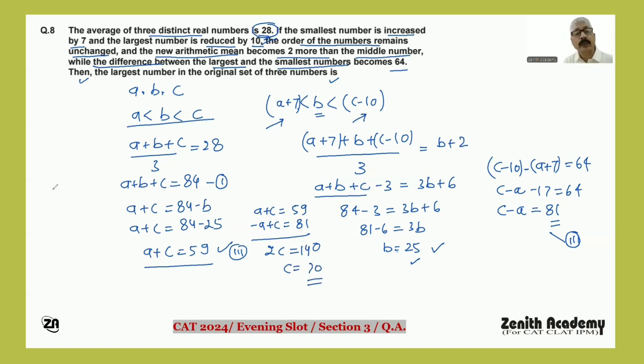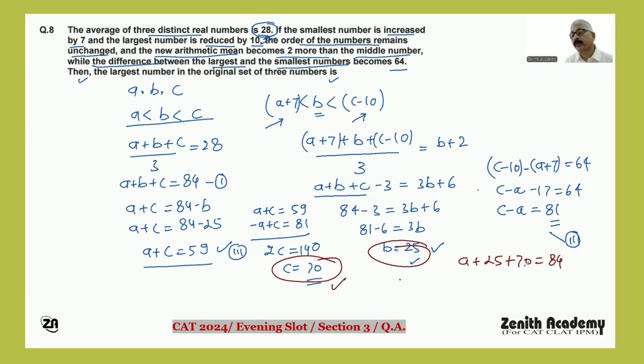So now you have C is 70, B is 25. So A plus 25 plus 70 is 84.